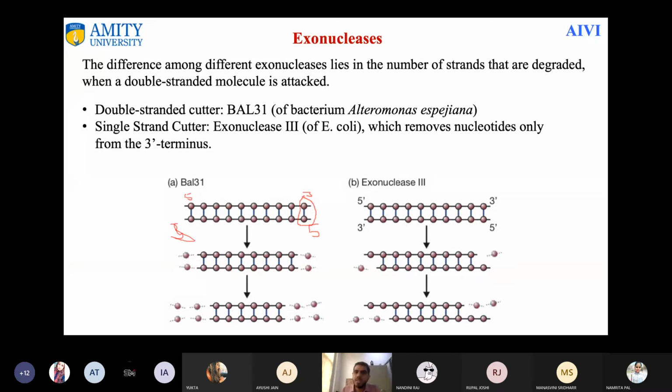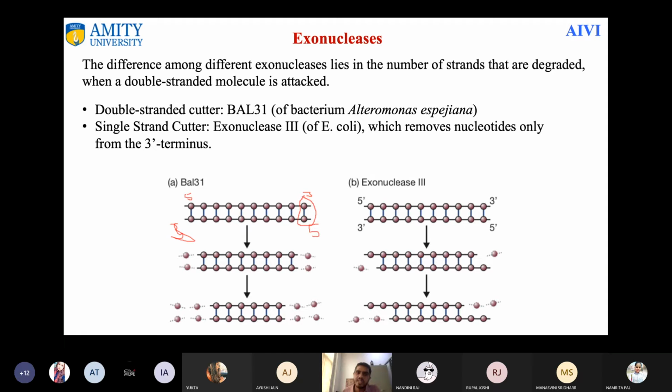From the bacterium Alteromonas espejiana, the enzyme that was isolated, which is an exonuclease in nature, is named BAL31. What is BAL31 doing? It is producing a double stranded cut, removing nucleotides from the ends of both strands.